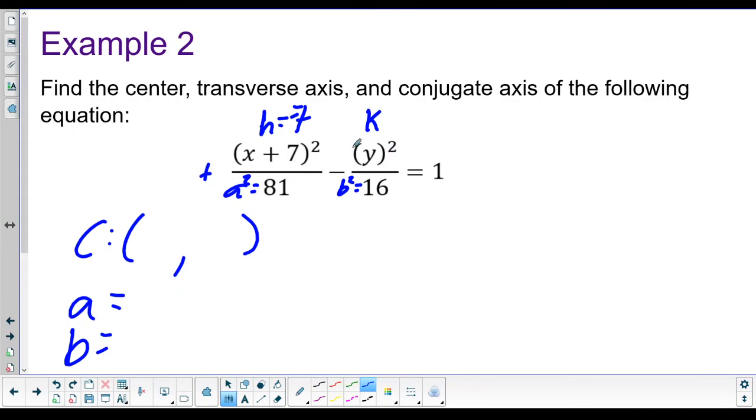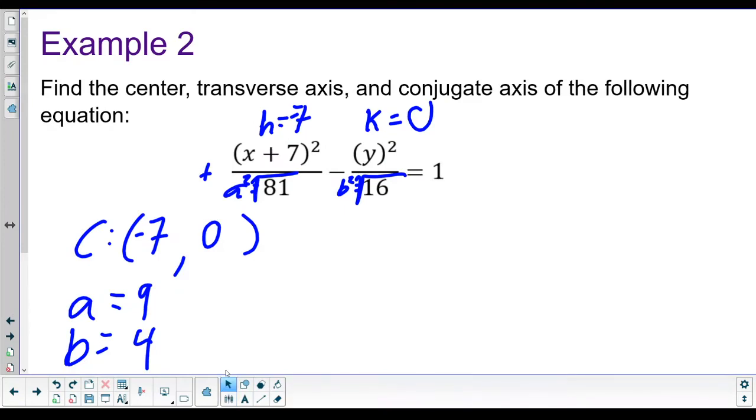K, there's not a number inside this Y, so it's 0. So because there's nothing there, it's 0. There we go. -7, 0 is the center of our hyperbola. A, take the square root, is 9. B, take the square root, is 4. There you go. You're doing it. Look at you. You're a mathematician. You know hyperbolas.